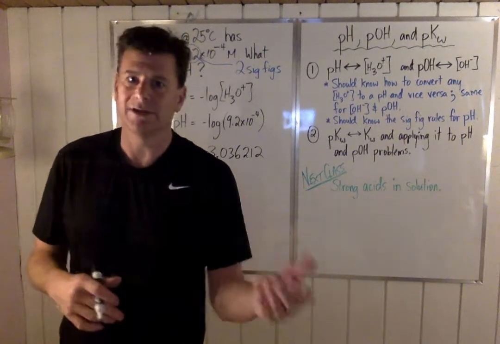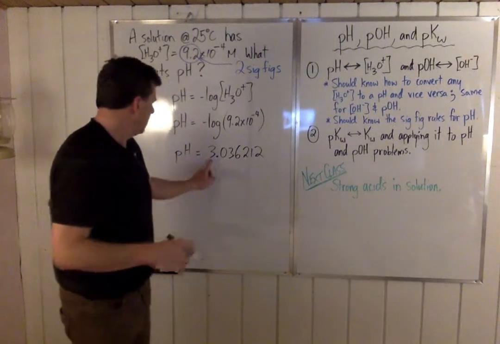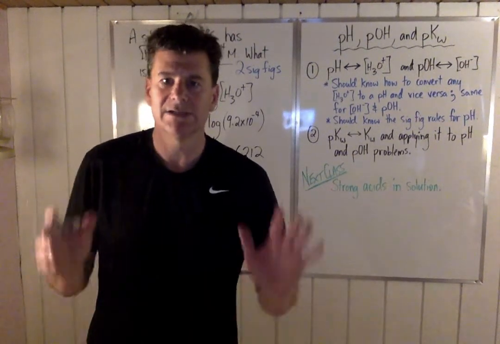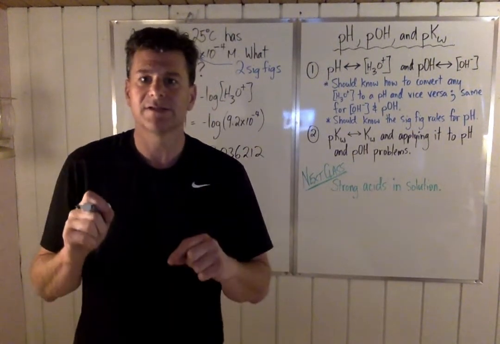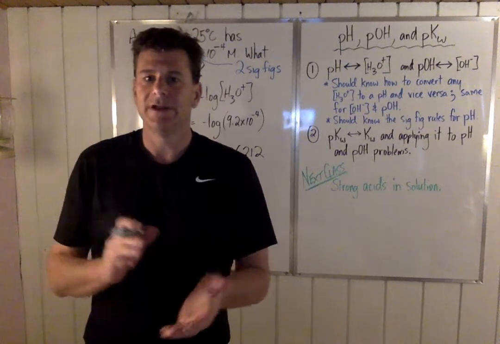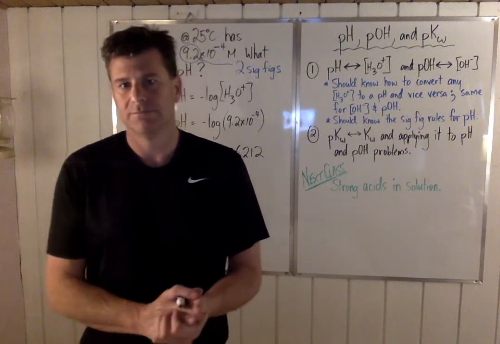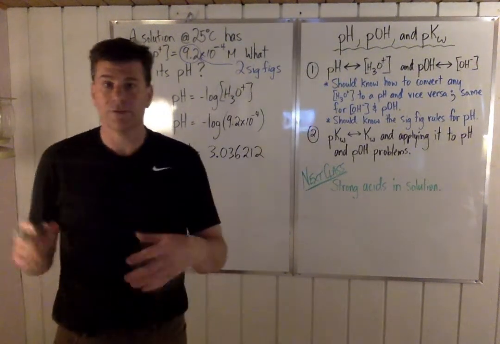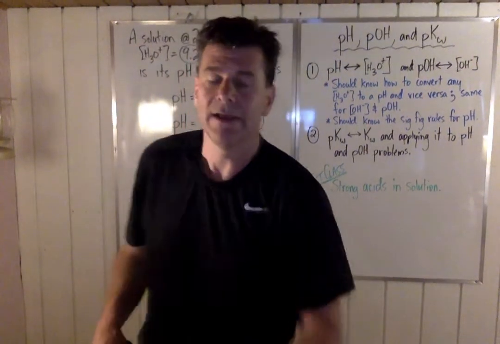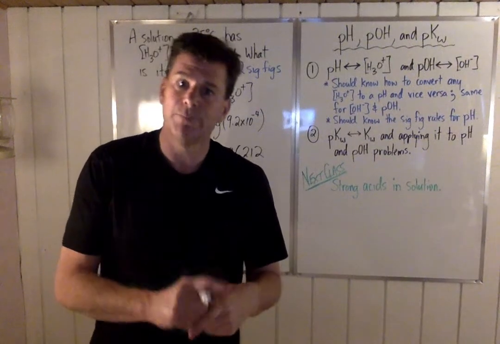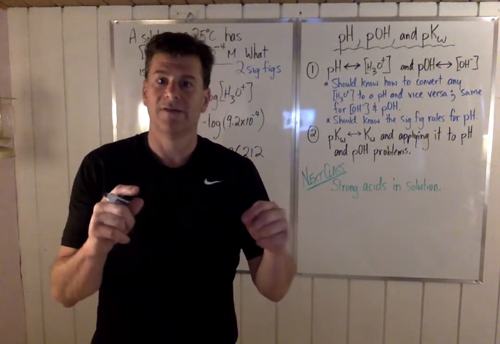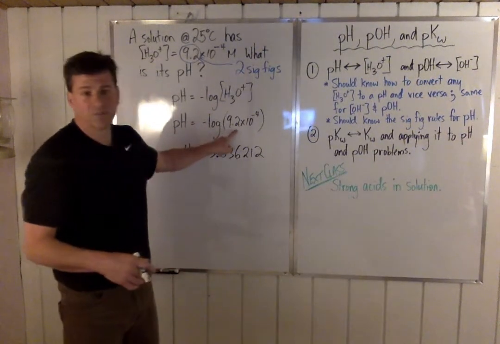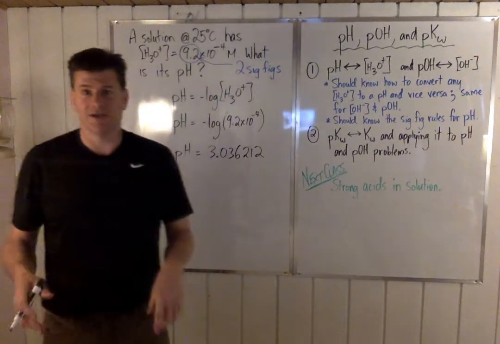And so you look at it and you go, well, okay, 3.0. So 3.0 looks like 2 sig figs, correct? Wrong. It's not 2 sig figs. The number that's before the decimal, so the 3 in this case, the 3 that comes before the decimal is related to the exponent. The numbers after the decimal are related to this part right here, not the exponent.